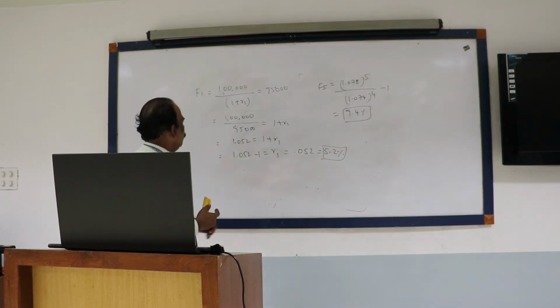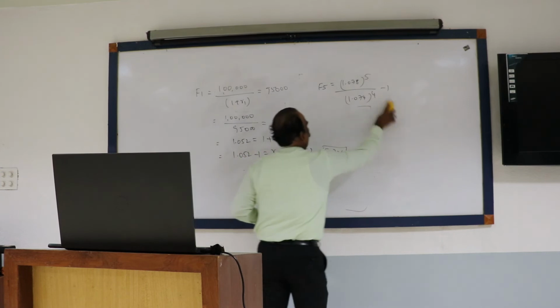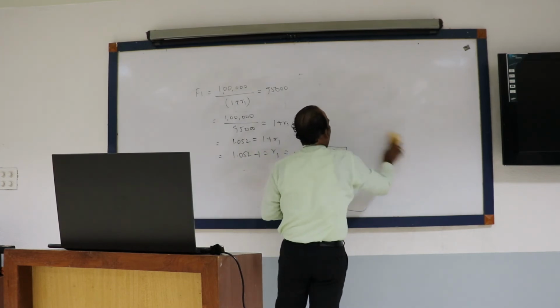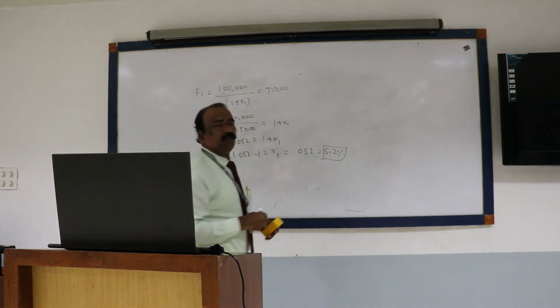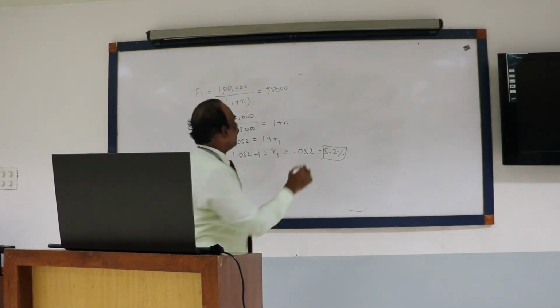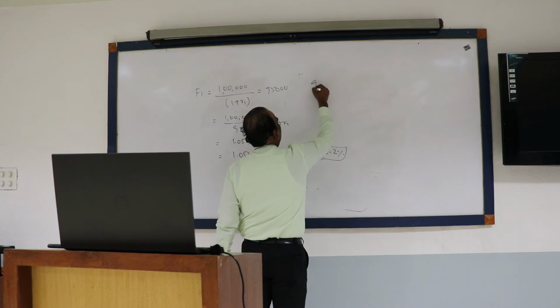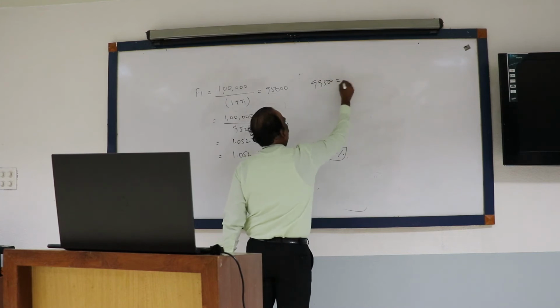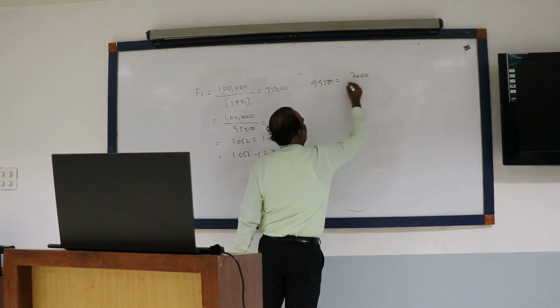That is equivalent to, if you don't understand, please ask. In the second year you will be getting the interest. So 99,500 is the price, and you will be getting 7,000 interest.